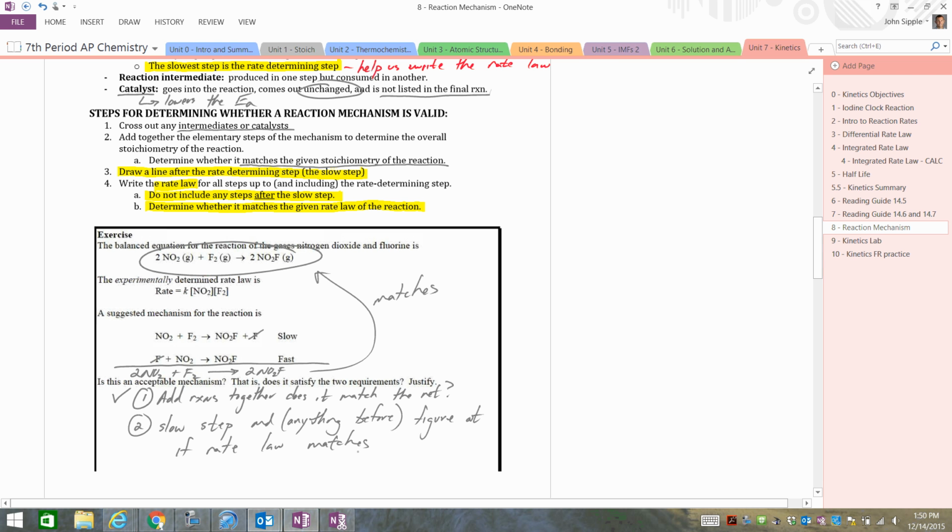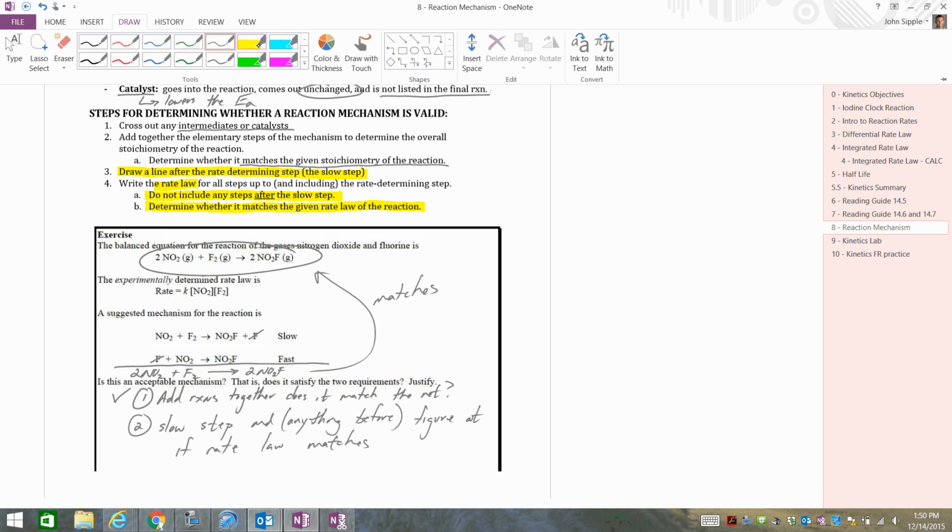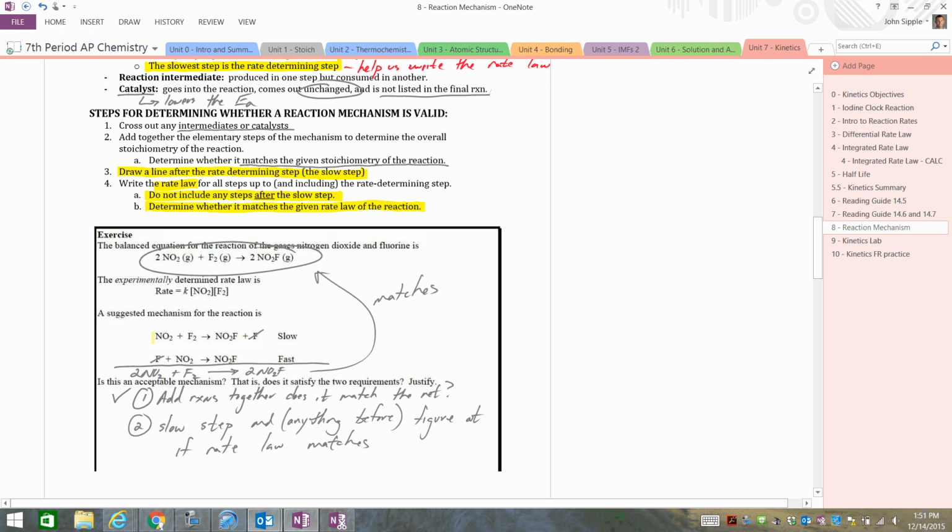Okay, so what we want to look at now is I'm going to highlight just the slow step. Here it is. If there were other steps before it, I would highlight those as well, just to get a rate law from those steps. We're going to ignore the second step because it says it's fast.